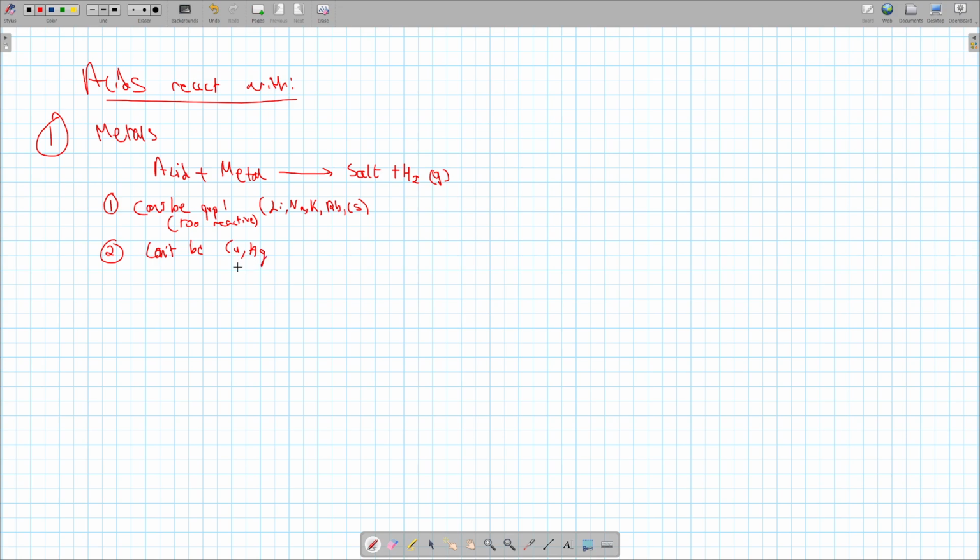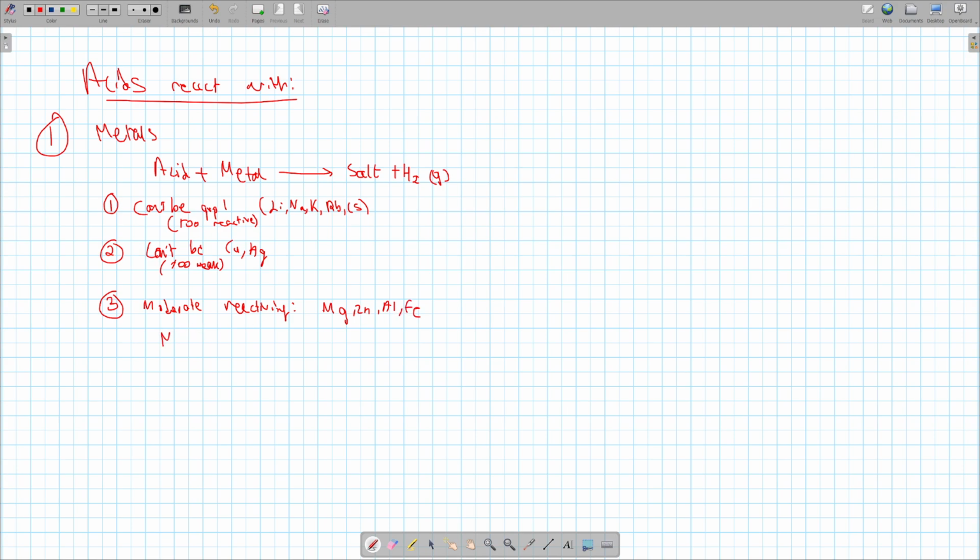They produce very little reaction. They're too weak. Third, it has to be moderate reactivity, such as the group 2 metals or Mg, Zn, aluminium, or iron.